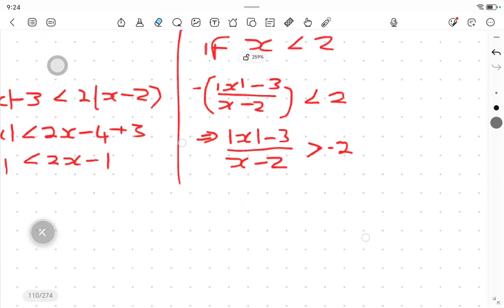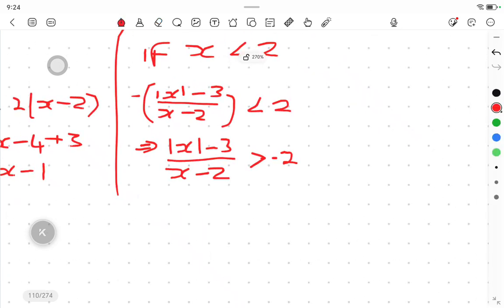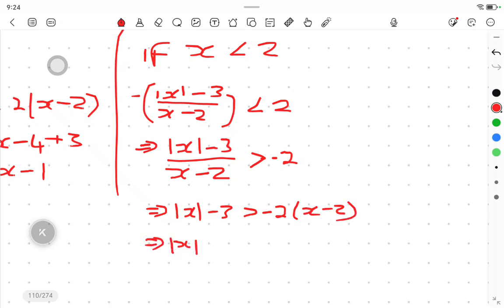So if we check carefully now, we need to make x the subject of the formula, this one, the absolute value of x. So I'm going to multiply both sides by this, x minus 2. This implies that the absolute value of x is greater than minus 2x plus 4 plus 3. It means that this one should have been like this.